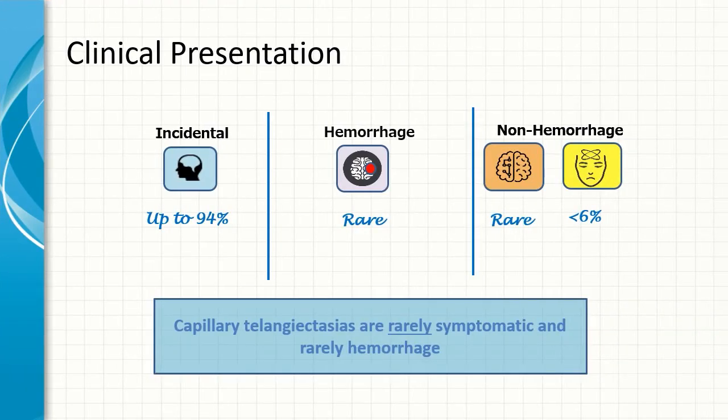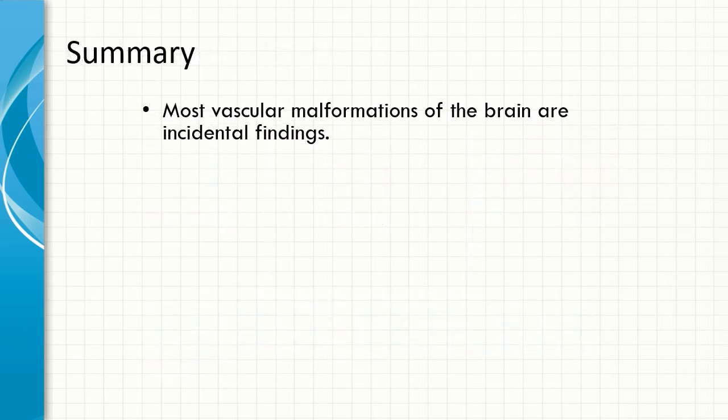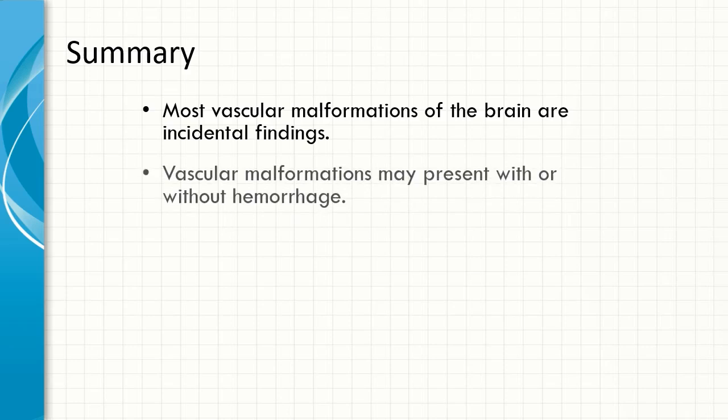Capillary telangiectasias are rare to cause symptoms. In one large meta-analysis, less than 6% had symptoms relevant to the localization of the capillary telangiectasia. There are no large natural history studies, and hemorrhage is very rare. In summary, most vascular malformations of the brain are incidental findings.